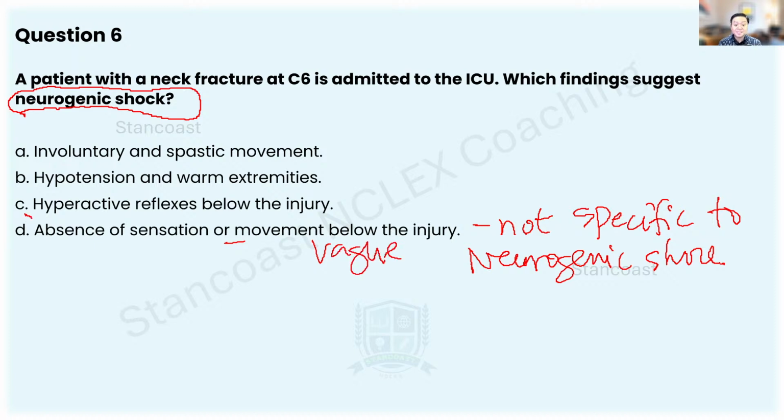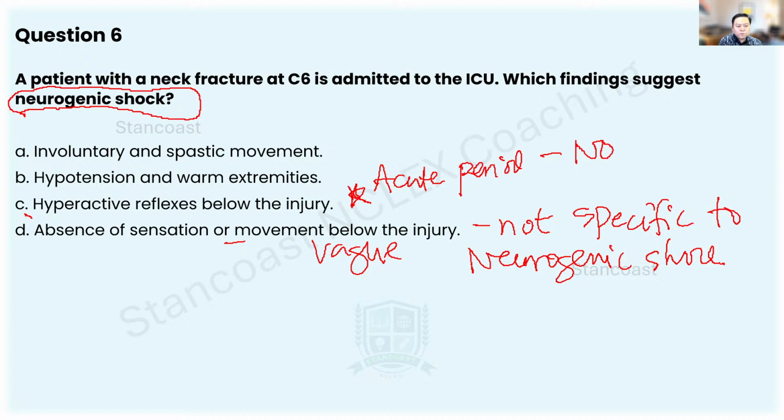Hyperactive reflexes below the injury. It actually does not occur during the acute phase of spinal cord injury. Remember about the spinal shock? There will be a decrease in the reflexes in the acute period.